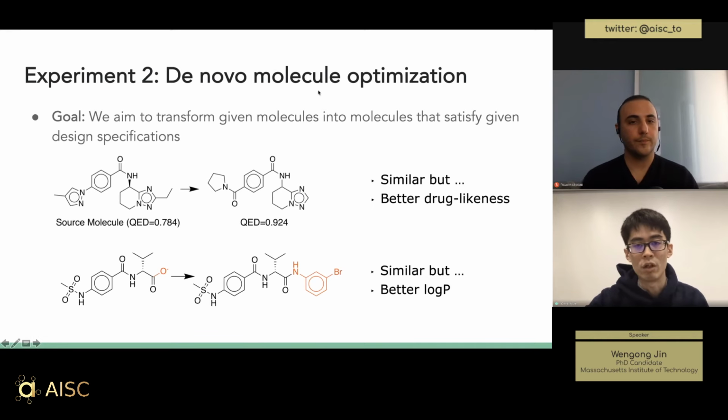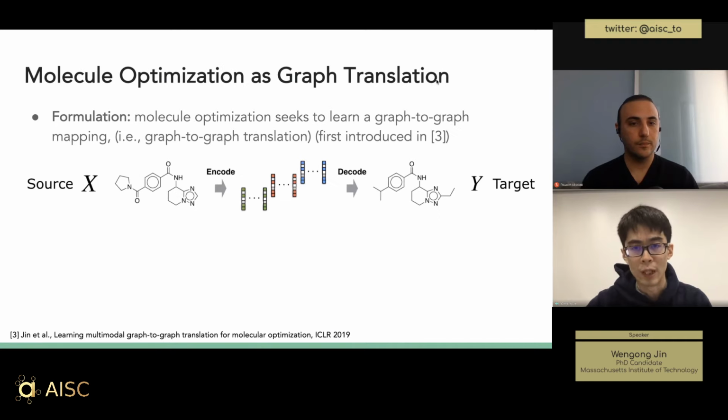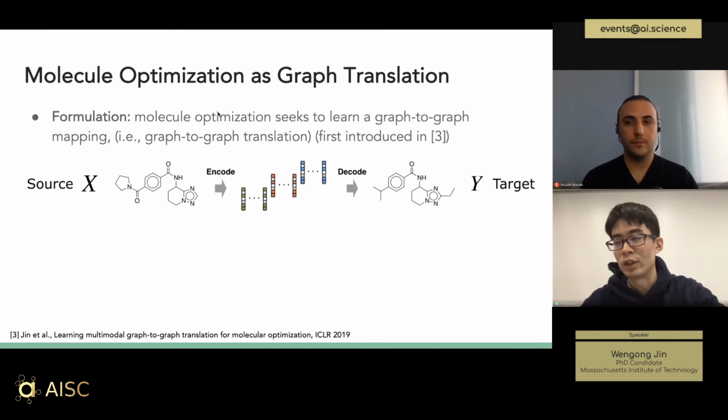So the task of de novo molecule optimization seeks to learn a molecule-to-molecule mapping, or in other words, a graph-to-graph mapping. The output compound is constrained to be structurally similar to the starting point.